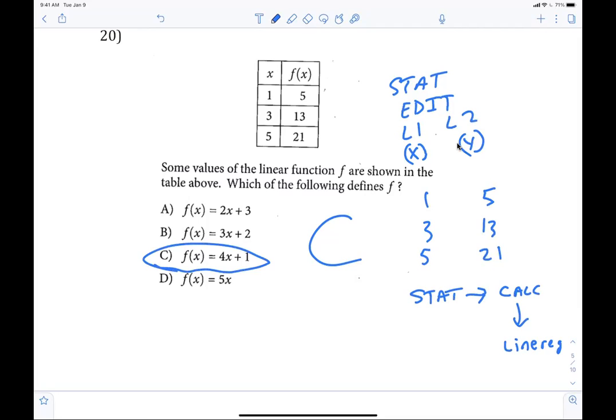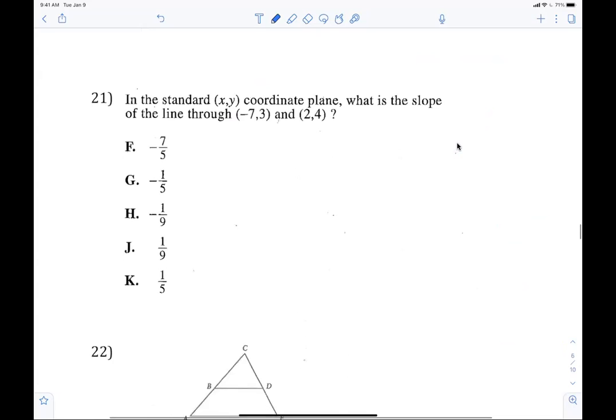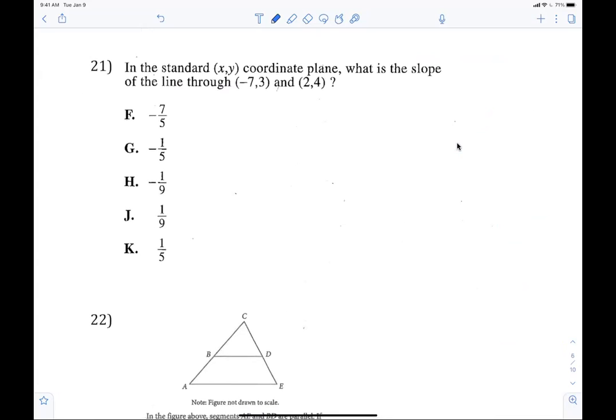All right, if you can do that. Any questions? Okay, so for 21, do we agree 1/9? Anybody have any questions?